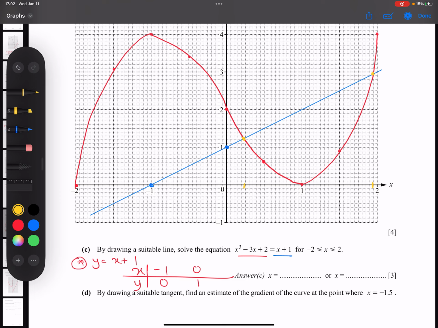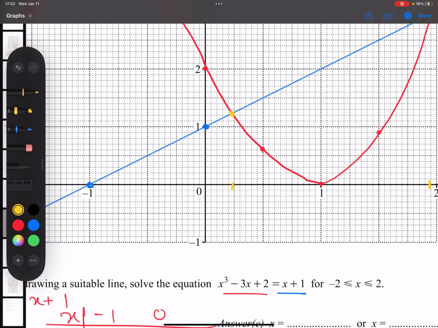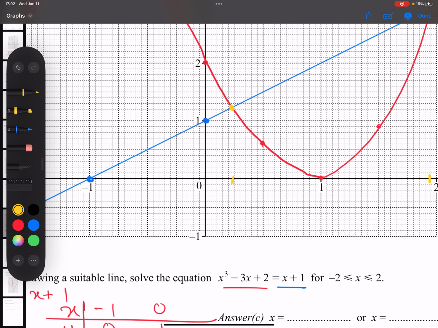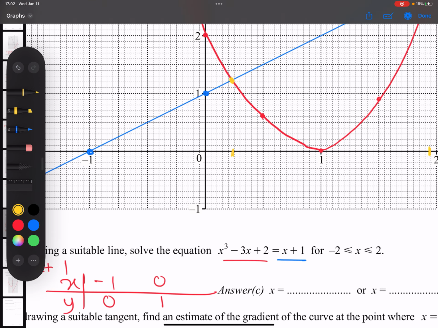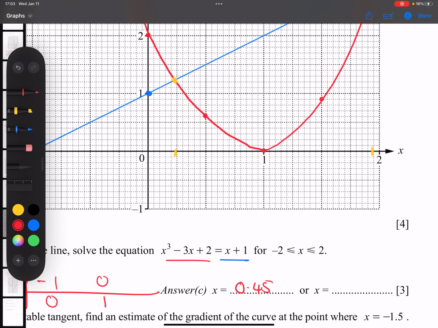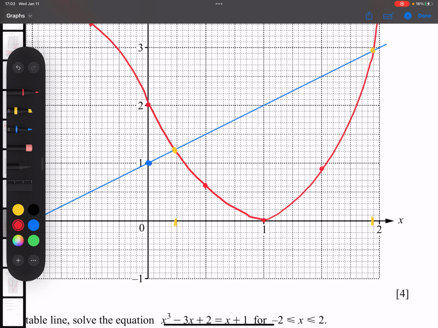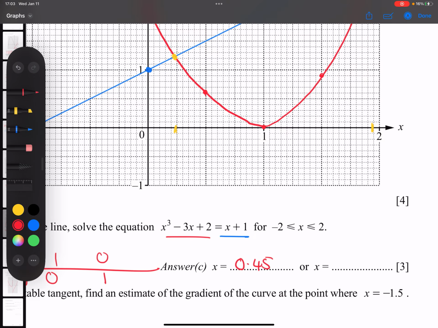And then the first answer is going to be approximately 0.5, but I'm not going to say 0.5, I'm going to say 0.45, which is this value down here. The second answer is 2.9. Not 2.9 actually, it's 1.9.